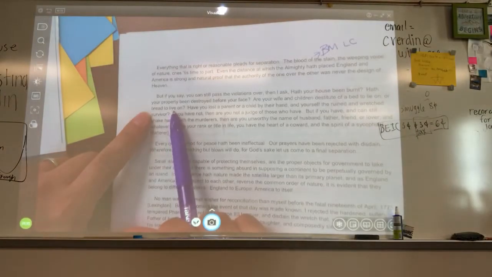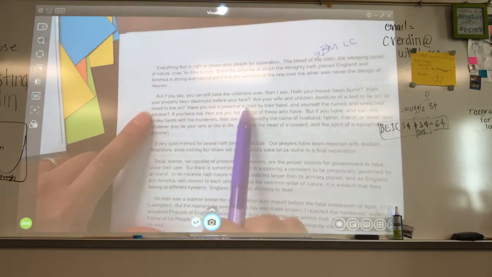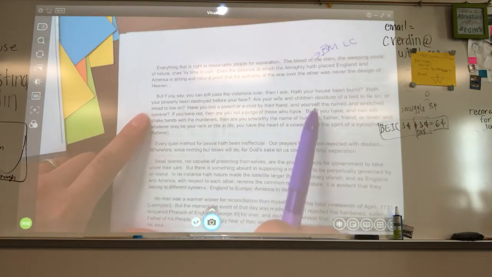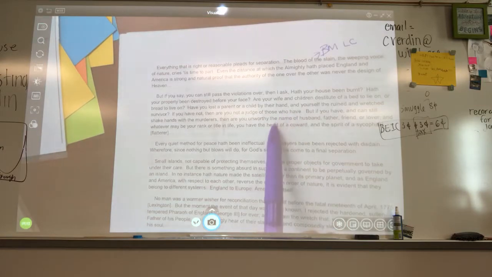What is he referring to? The Quartering Act. "Have you lost a parent or a child by their hands, and yourself the ruined and wretched survivor?" What event is he talking about here? That people have lost their children, their wife, and they're the wretched survivor by themselves. Where have people died? Boston Massacre, Lexington and Concord, right?